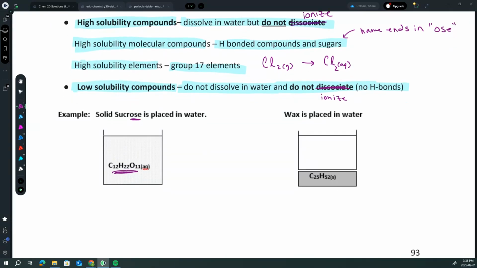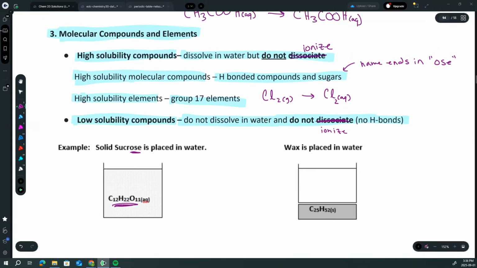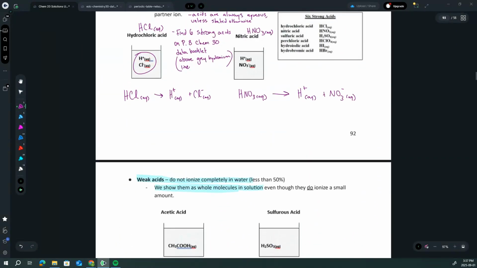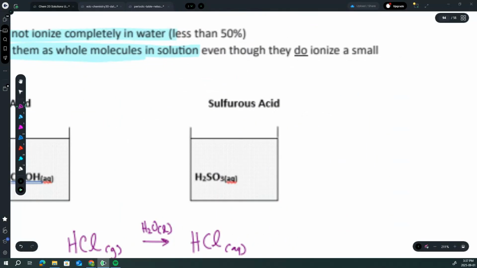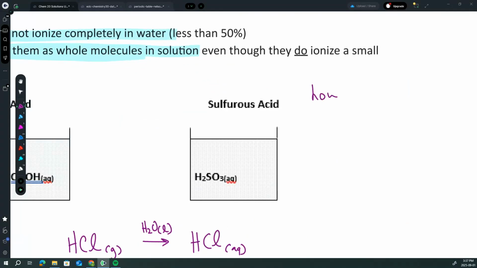So how you know if something's an acid or not is it typically either begins with H or it ends in COOH. That's how you know if something's an acid. So maybe let's go up to our acid section. How to tell if a compound is an acid.